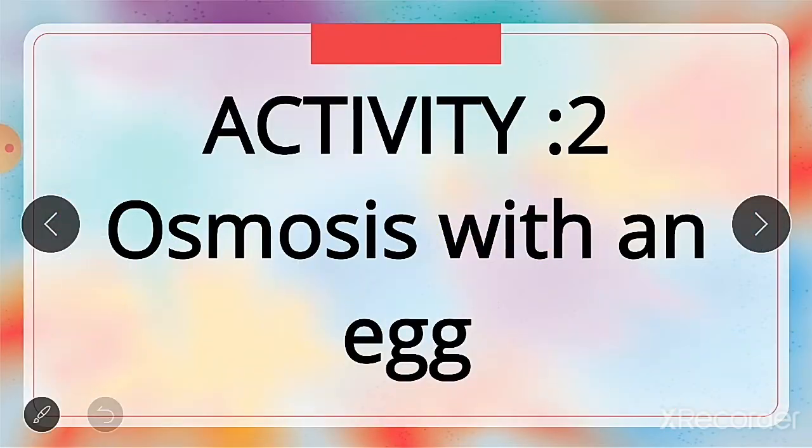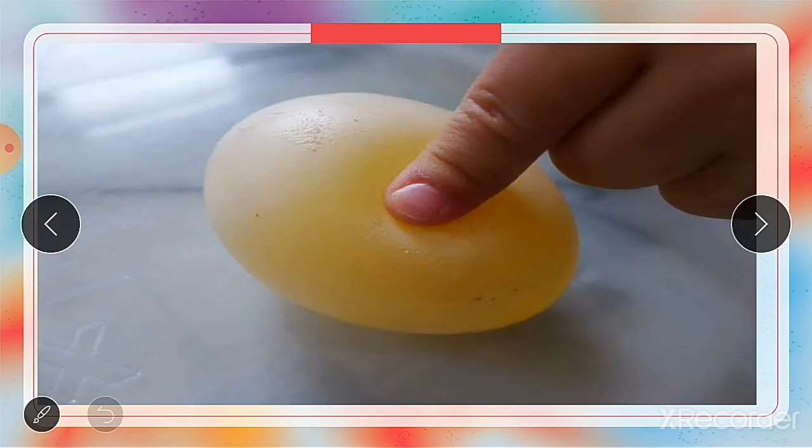Then next, activity number 2 is osmosis with an egg. Now what you have to do here: take a hen's egg and remove the eggshell by putting the egg in dilute hydrochloric acid or HCl solution.